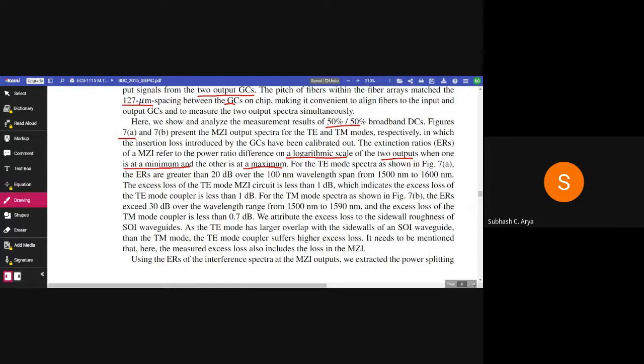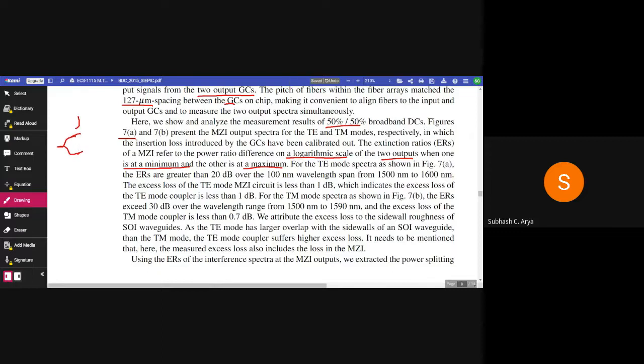So here the extinction ratio of MZI refers to the power ratio difference on a logarithmic scale of the two outputs. So we have two outputs. Basically, the MZI is giving two outputs, so this and this.